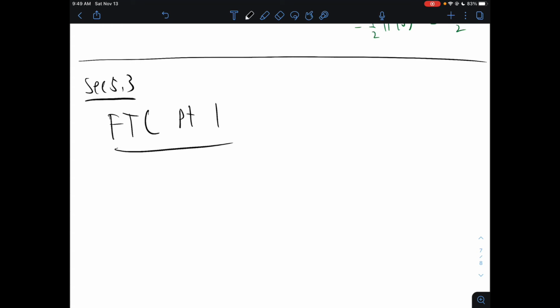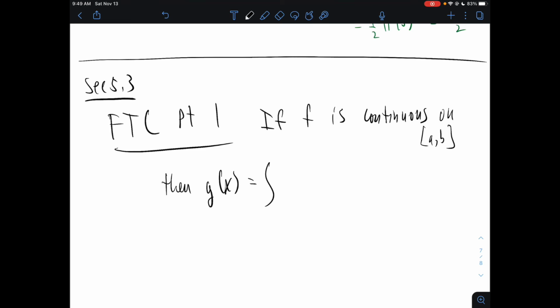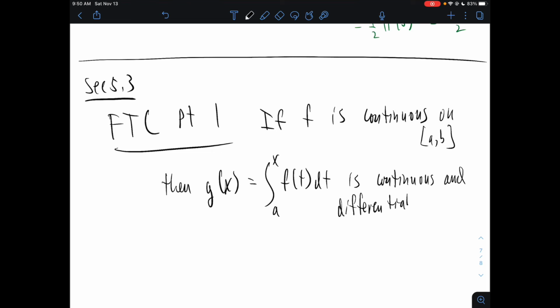So the first part: if f is continuous, and we're saying this on an interval like a to b, then the function defined g of x equal to the integral from a to x of f of t dt is continuous itself and also differentiable on (a, b), using similar language from when we looked at derivatives.